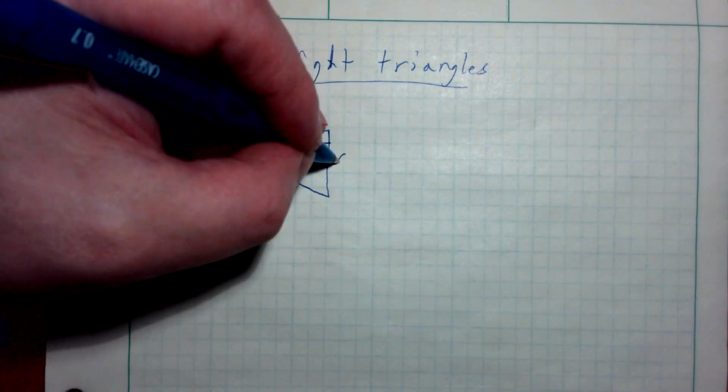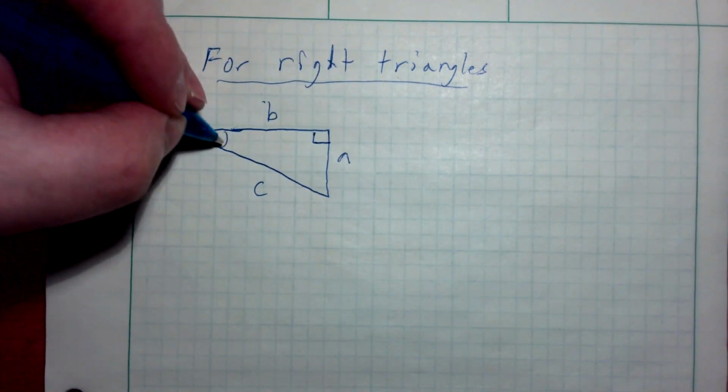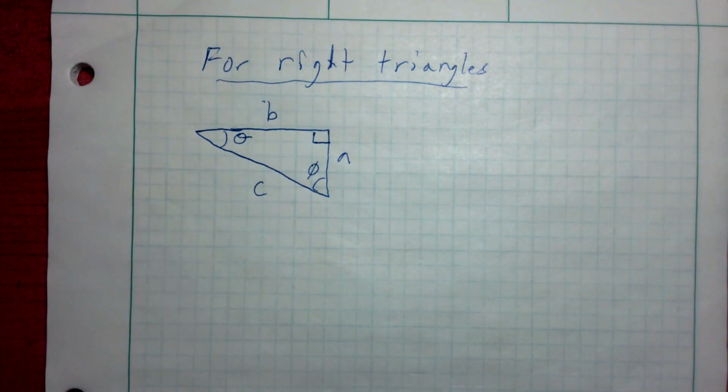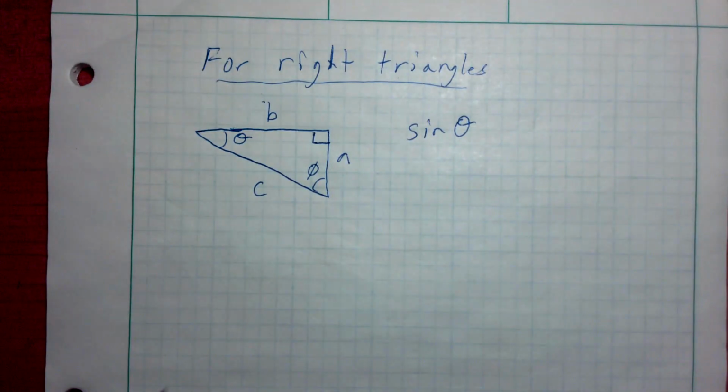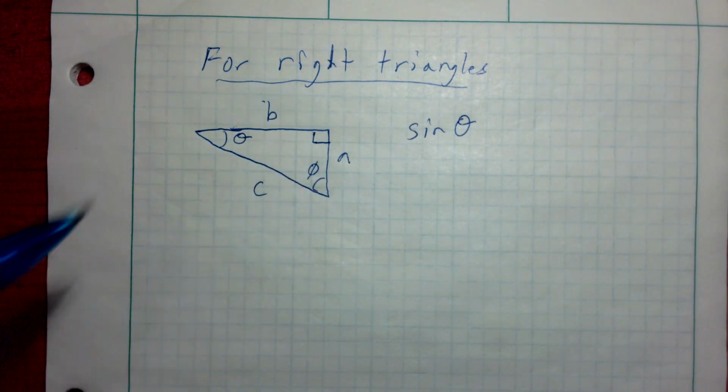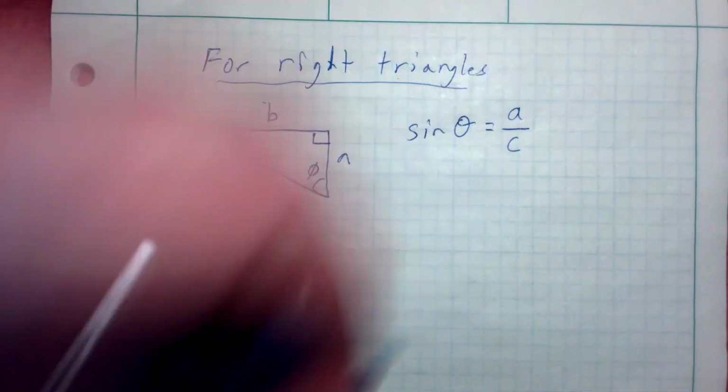Let's call this a over here. Let's call this b. I'm going to use theta here, and phi down here. The sine of theta is always going to be the opposite side. So opposite of theta is a. So sine of theta is always going to be the length of the opposite side divided by the length of the hypotenuse.